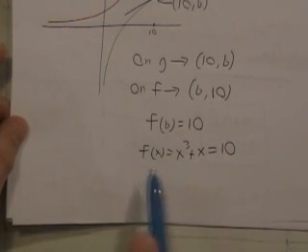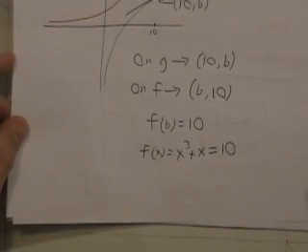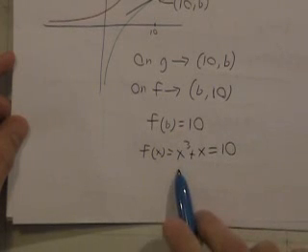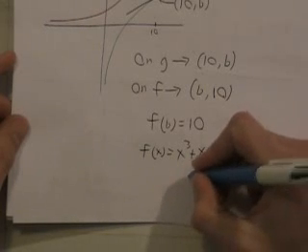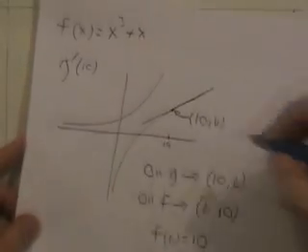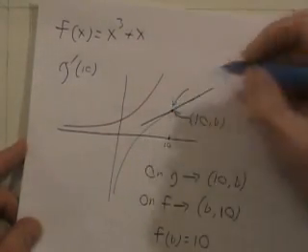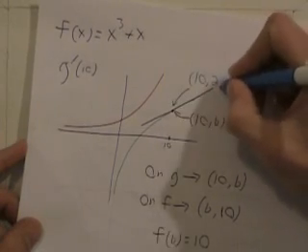If I plug in 2, I get 2 cubed is 8, plus 2 is 10, so I know that f of 2 is 10. Therefore, the mystery y value is 2. This would be 10, 2, for example.